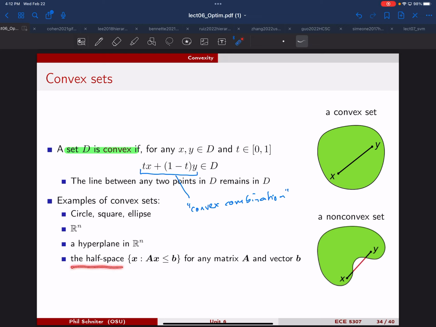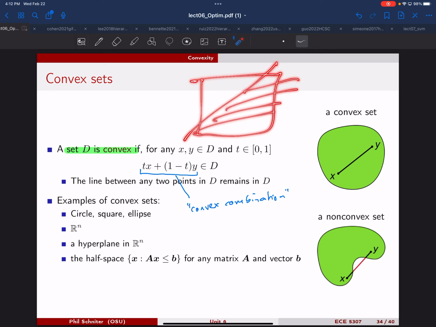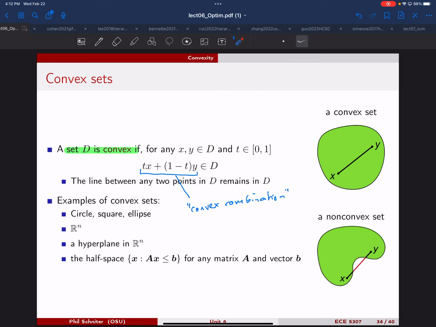Also half spaces, so if you have Rn and you split it with a hyperplane and you look at one side of it, that's called a half space. That thing is going to be convex as well. So these are just some examples of convex sets. Any questions on convex sets?